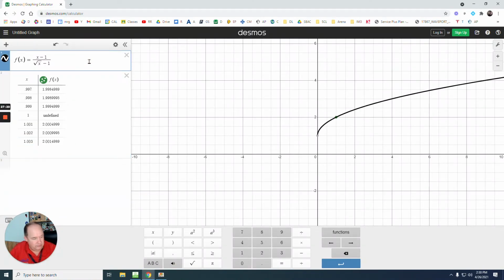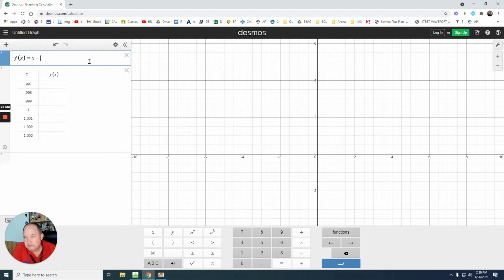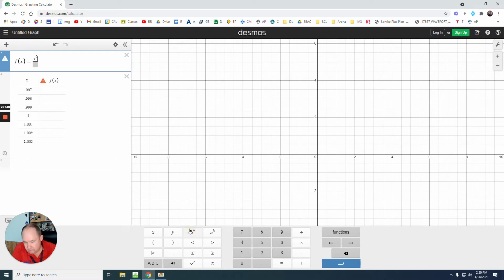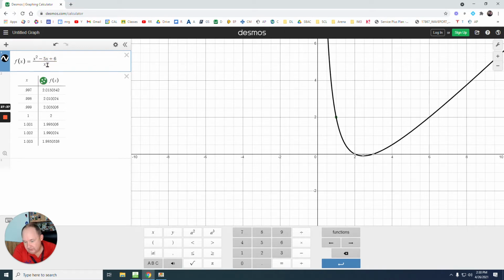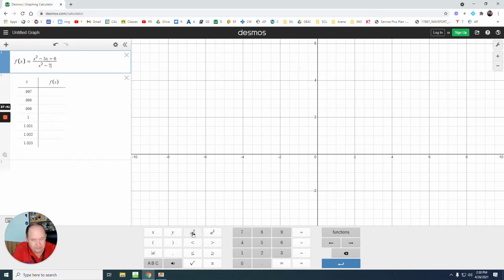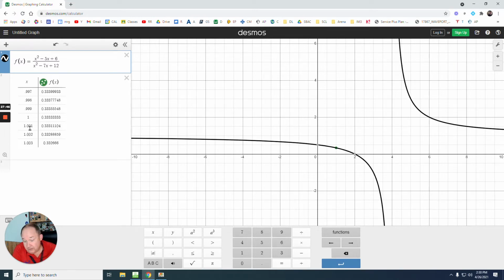So the equation, again, is x squared subtract 5x plus 6. The denominator is x squared subtract 7x plus 12. So we're trying to find the limit as x approaches 3. If I use 3 right here, it's undefined.